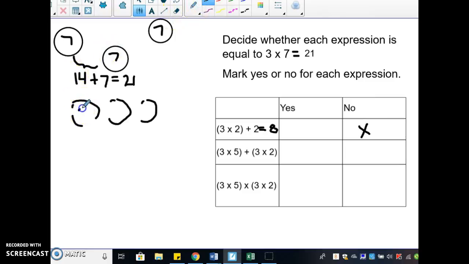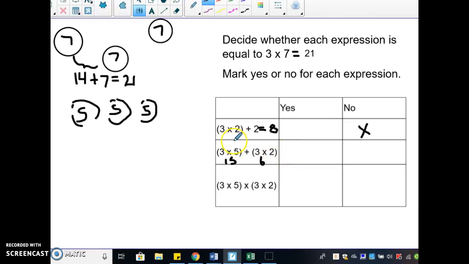So I'm just going to write 5, 5, 5. If I don't know my multiplication facts, I might do this. So 3 times 5 is 15. So this is 15 plus, well, we said 3 times 2 is 6. 15 plus 6, that's 21.